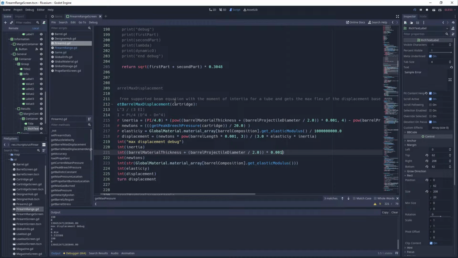Wait, what? And times pi over 4. That's how we get that value.